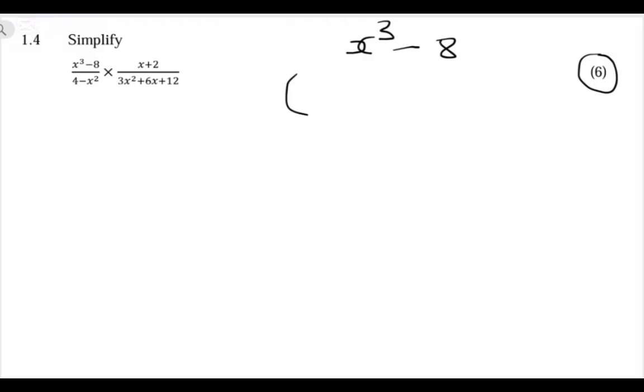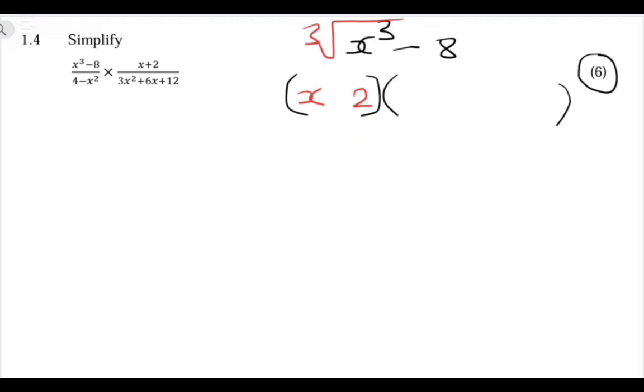So what we do, we're just going to open two brackets like this, the smaller one, the bigger one. And then here we're going to put the cube root of this number. It's going to be x. And then the number that we put here is going to be the cube root of this 8, which is going to be 2.